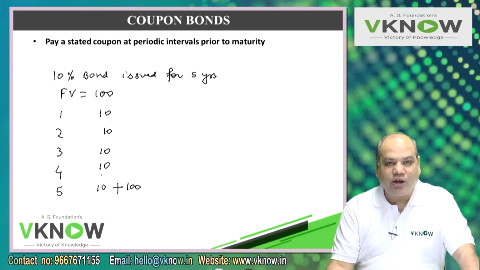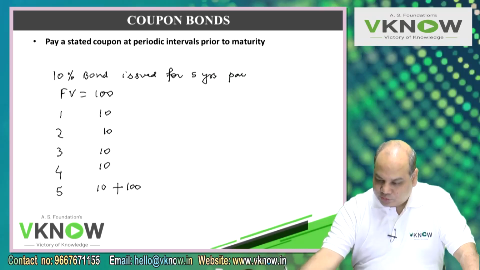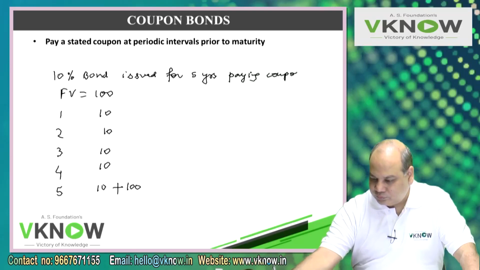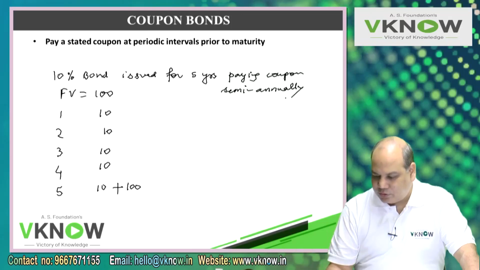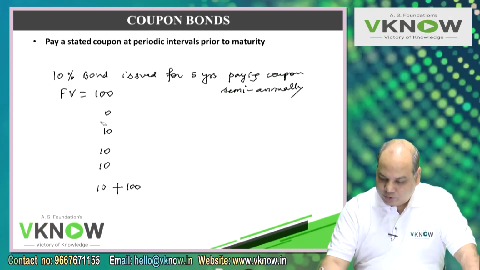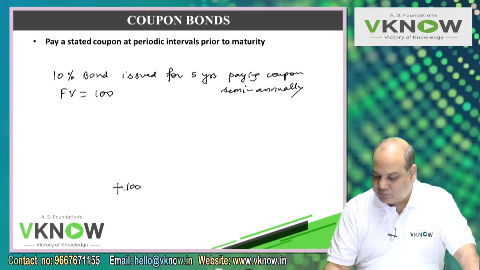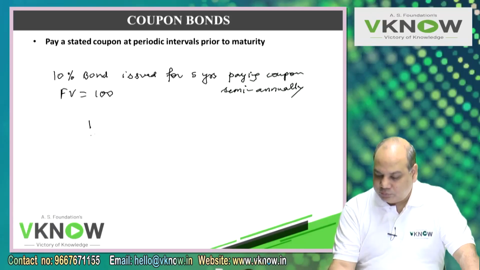It can be semi-annual coupon paying bond also. So suppose the same question says paying coupon semi-annually. Now what will happen in this case? So it will pay coupon after every 6 months. So how much coupon it will pay? In the first half year, 5 rupees.